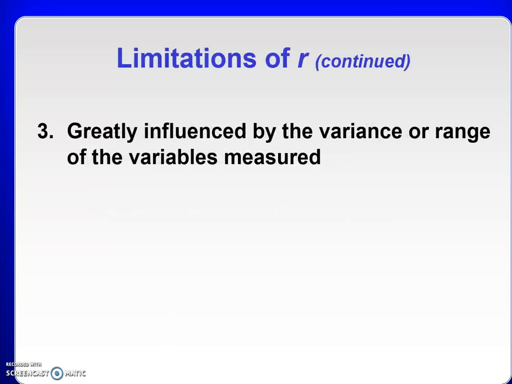And then another limitation of correlation coefficient is that it is greatly influenced by the variance or the range of the variables measured. And the guiding principle is the greater the range or variance, the greater the likelihood of relationship. And if the variance or range is small, the less the likelihood of an accurate relationship.